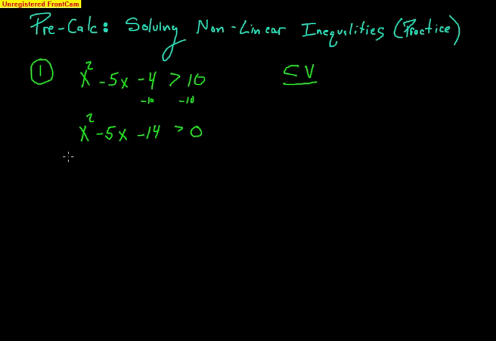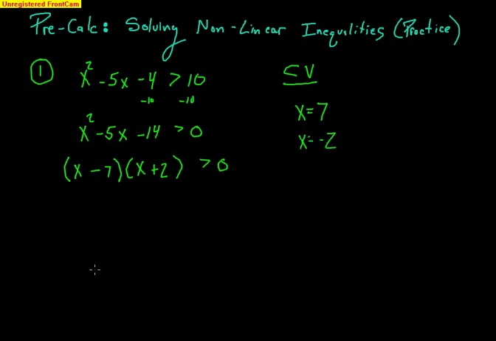So this does look to be factorable, so let's try it out here. Let's see, my thought process is 14 is 7 times 2, and I need them to add to make a negative 5. So if I make that a negative 7 and a plus 2, that would give me negative 7x, and a plus 2x does make the negative 5x. Okay, so my critical values are 7 and negative 2.